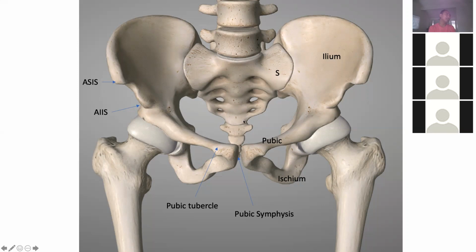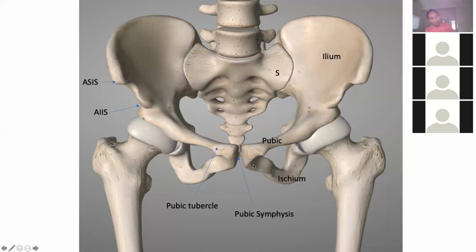And you can see the sacrum here at the top, and at the bottom, you will see the coccyx. And the pelvis bone is made of three main portions. Number one is ilium, and number two is, look at that, the pubic bone. Pubic, this is at the top, this is the bottom. So this is the pubic rami, superior pubic rami and inferior pubic rami.